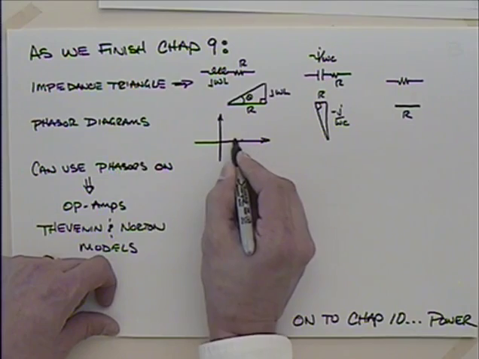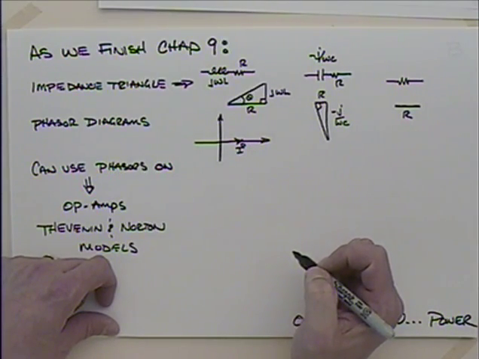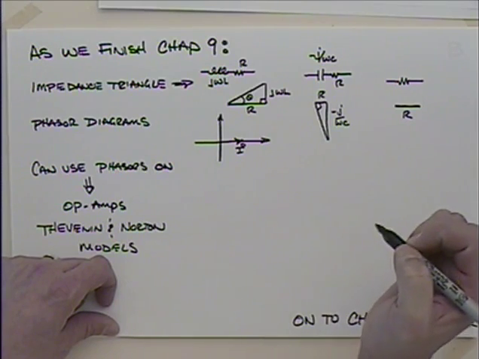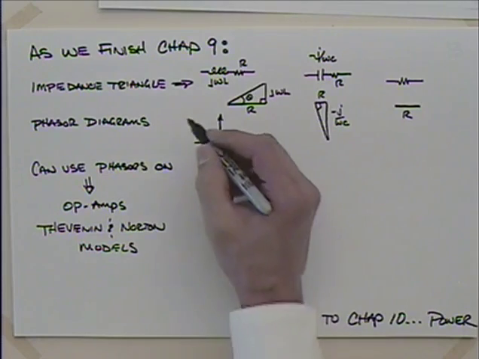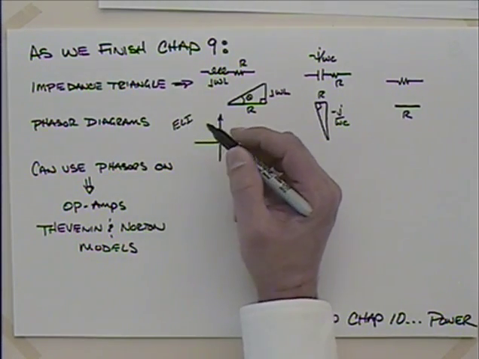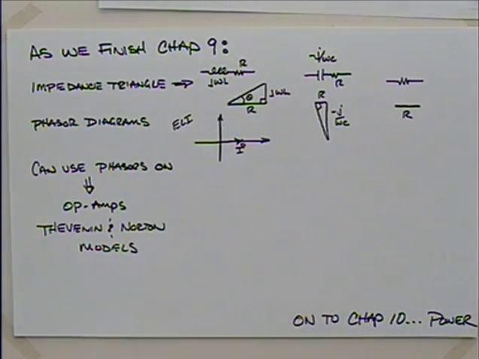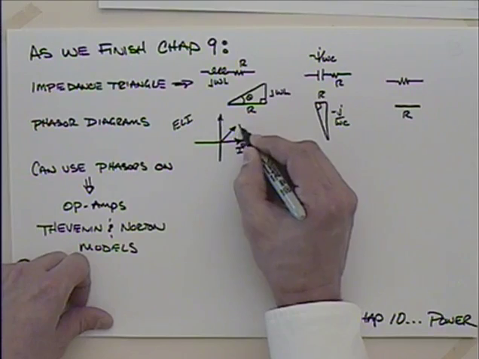We had our current like this, and then what was our voltage doing? Let's see. What's this got to follow? ELI, is that right? So if I have something like that, I had better have my voltage there, right?